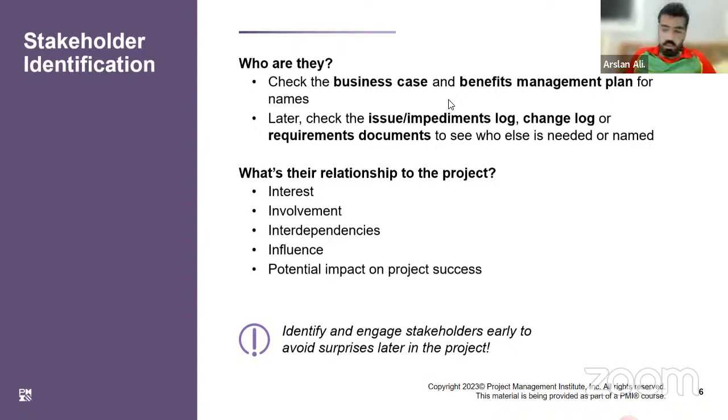Okay. And then what is the potential impact on the project success? If you have power, if you have interest, if you have legitimacy, then you can drive some influence and you can impact the project. So I can get your support to push forward the project objectives and get the project done in lesser time, quicker, faster, cheaper, because you have got the power.